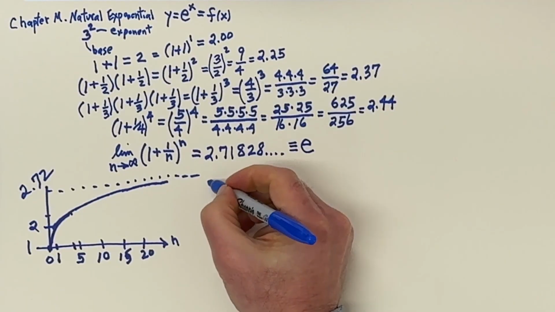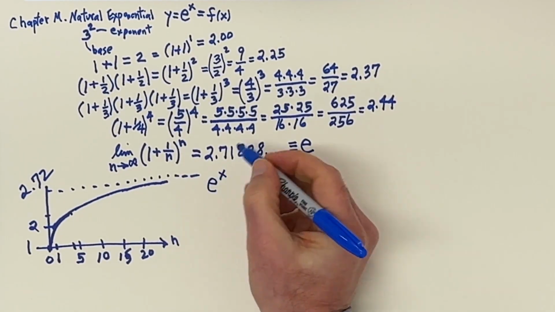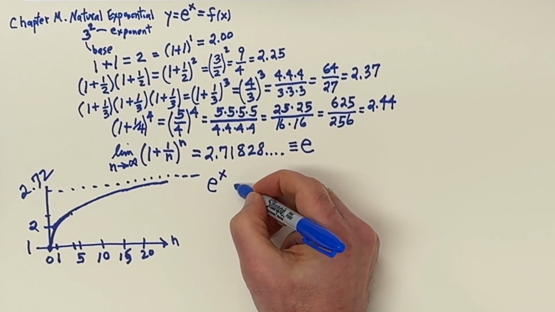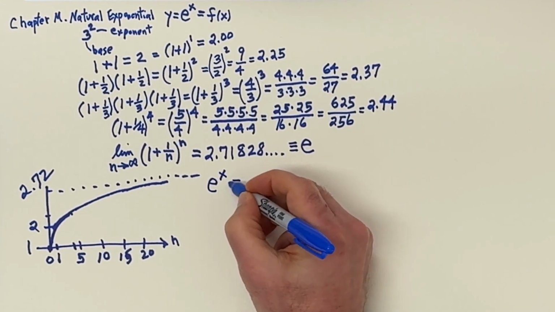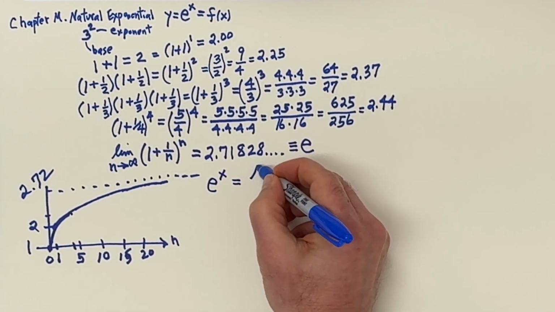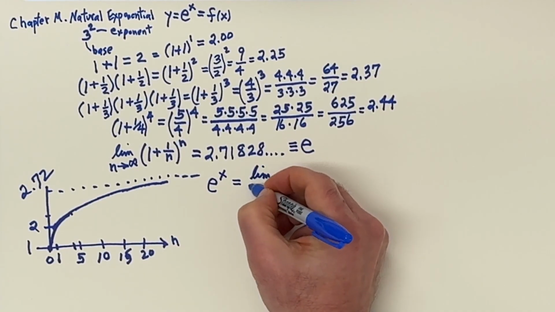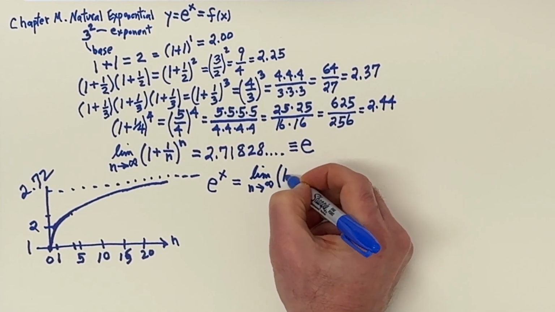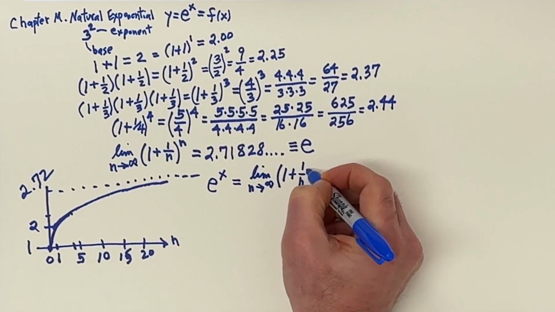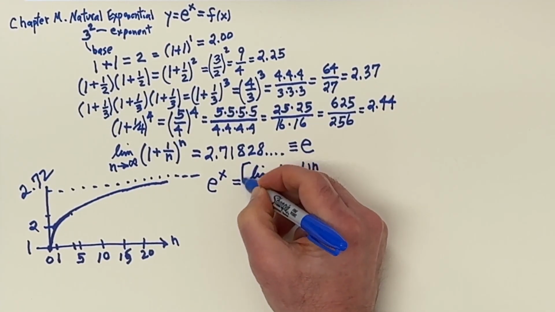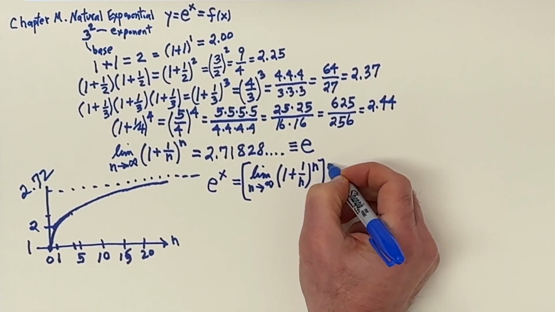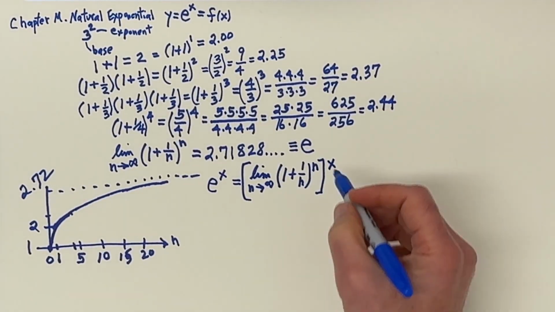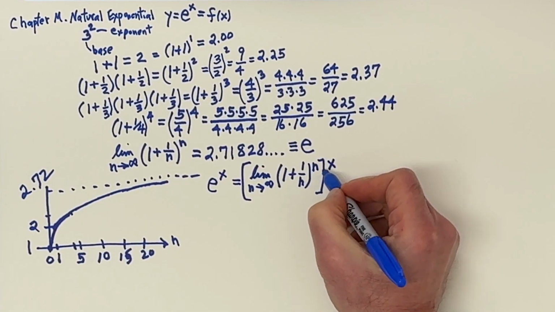Now what about e to the x? Well, we know that e to the x would be, I would first write down e, which is the limit as n goes to infinity of 1 plus 1 over n to the nth power, and I would take that to the x power. So when we do that, we get n times x for the power.